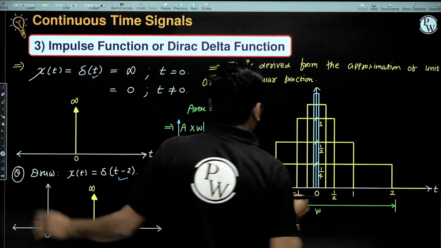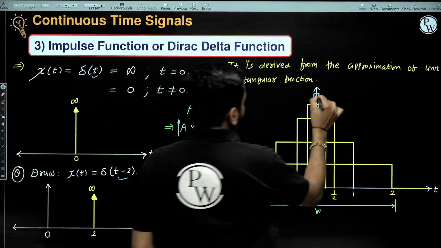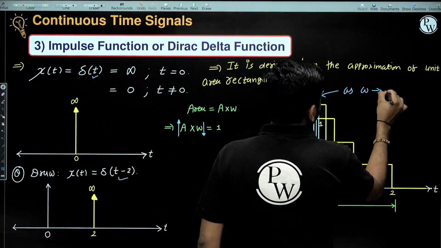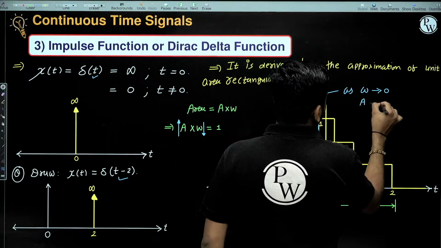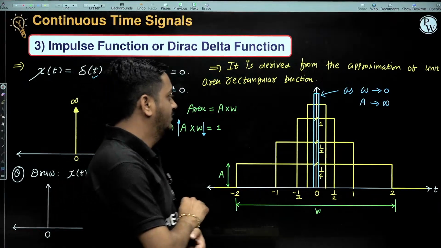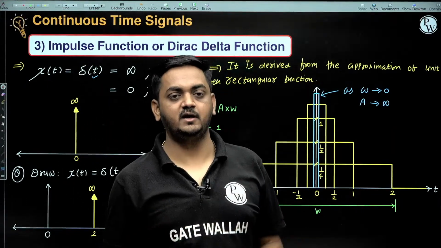For these, as W tends to 0, amplitude tends to infinite, because here we are considering unit area.